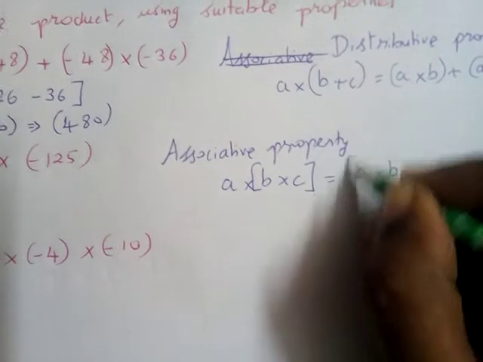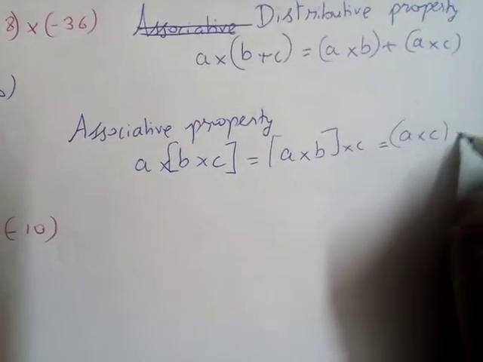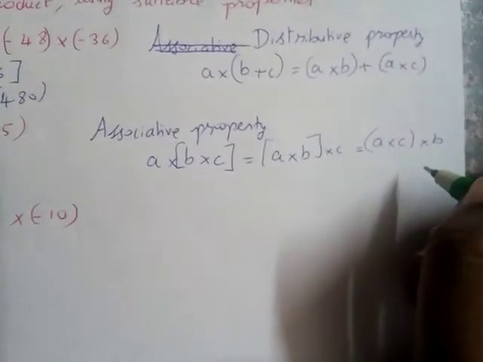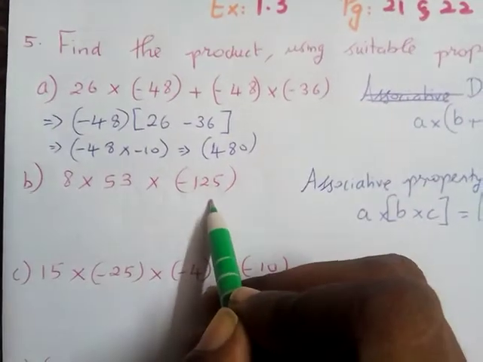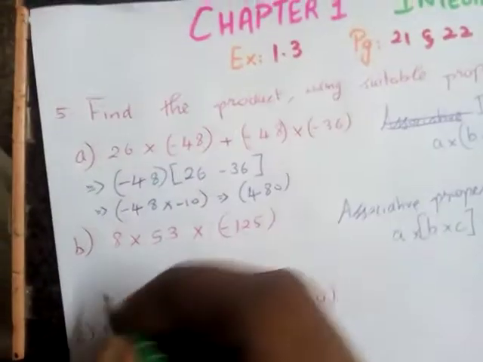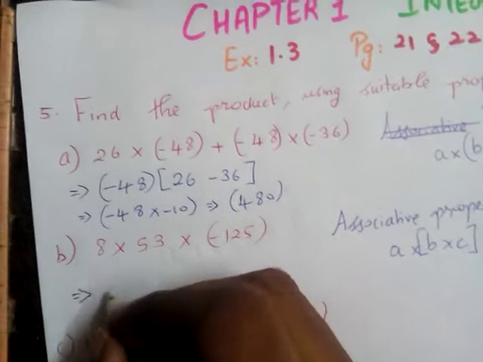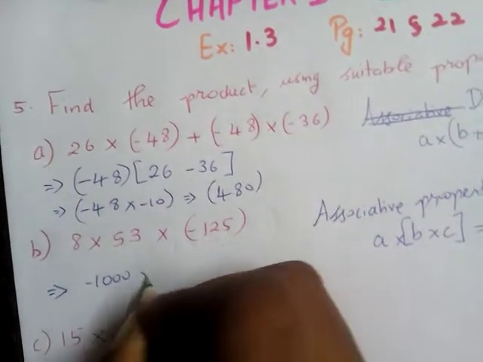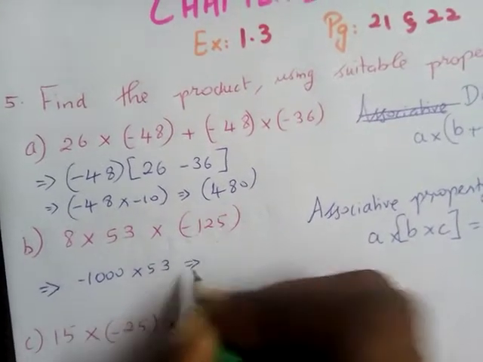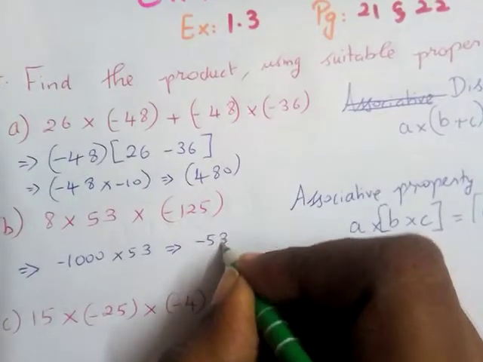So it can be either way. You have three ways to solve it, and you can use a suitable way. I'm going to multiply 8 into minus 125 first because it's much easier to solve it that way. 8 into minus 125 is minus 1000, into 53, which will give you the answer of minus 53,000.